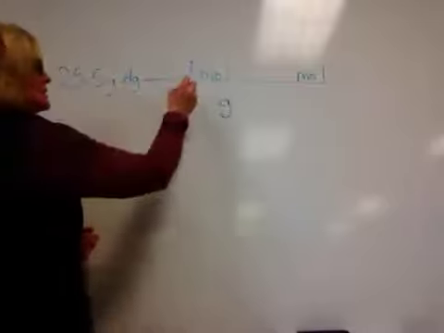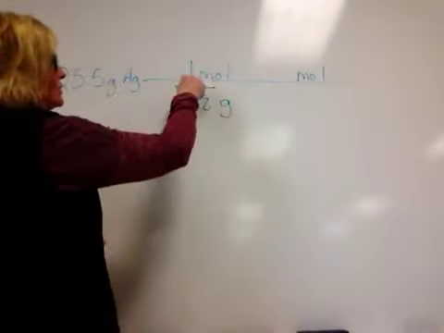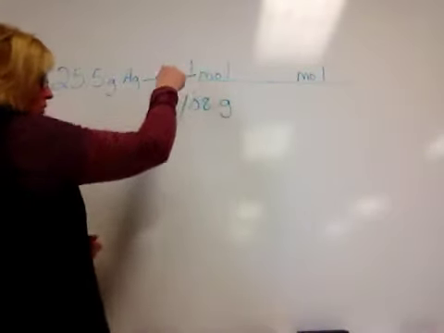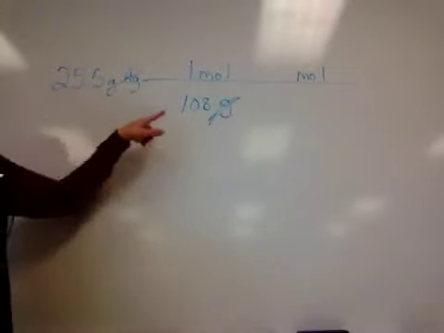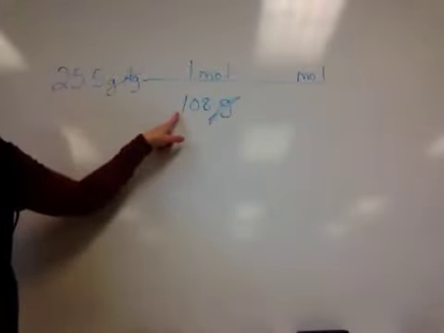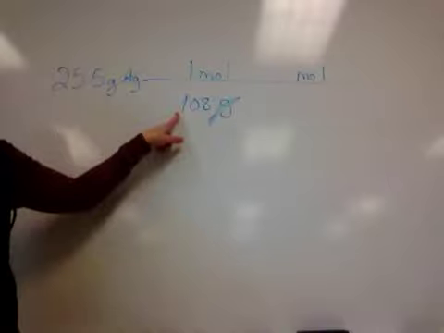In 1 mole of silver, there's how many grams? Off your periodic table. 108. So my conversion factor this time is 1 mole over 108 grams. My grams is on the bottom this time, so it'll cancel. So this time I'm going to take 25.5 and do what? Divide, because it's on the bottom.